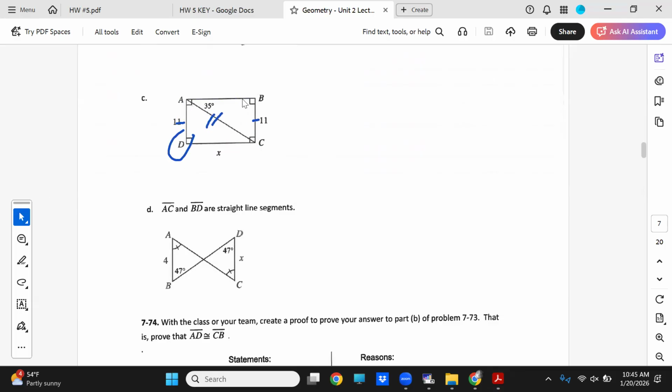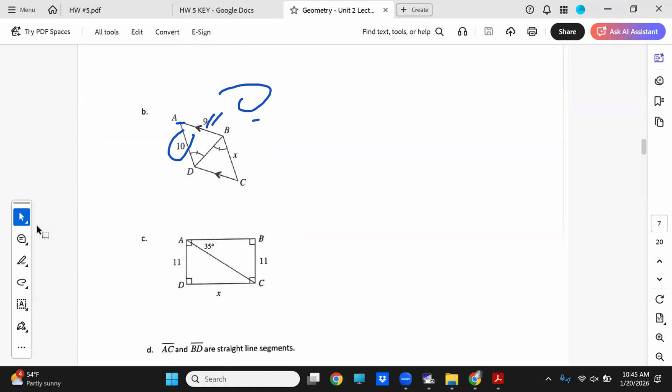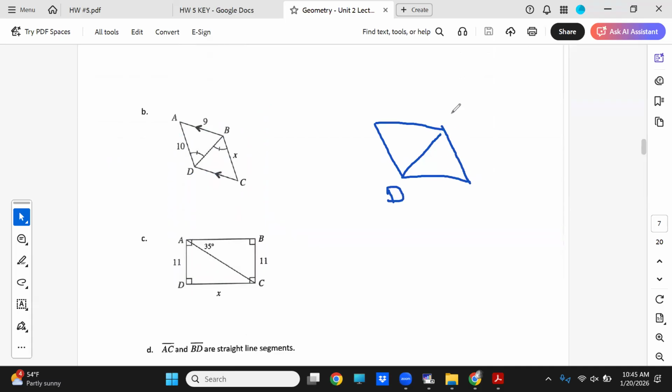These are the same, and they both have right angles. So it's HL, hypotenuse leg theorem. That's why. Okay, let me redraw part B, and we're going to prove it down below. I'm going to redraw it because we need this at our disposal.